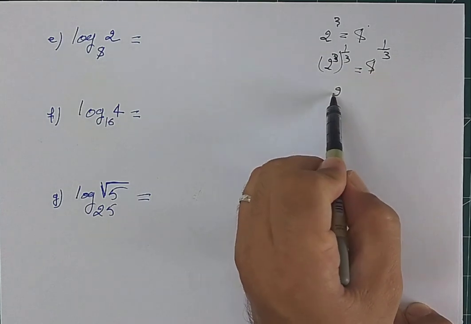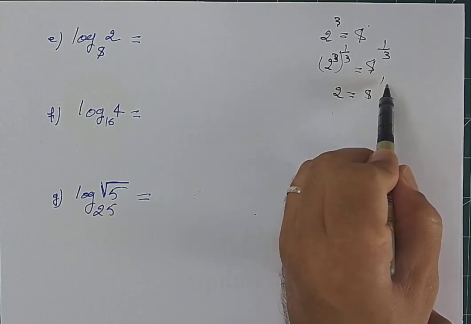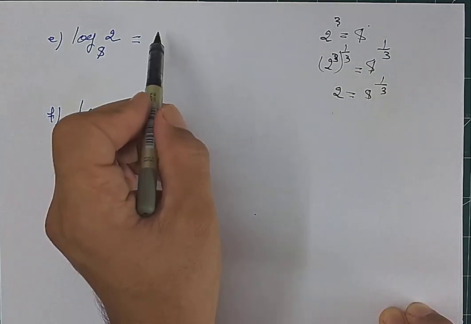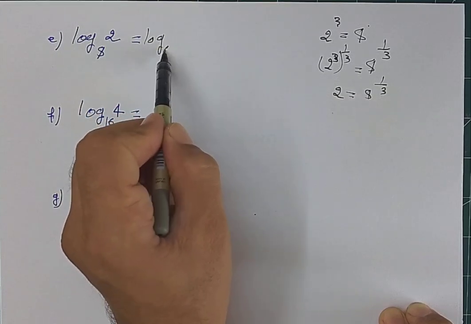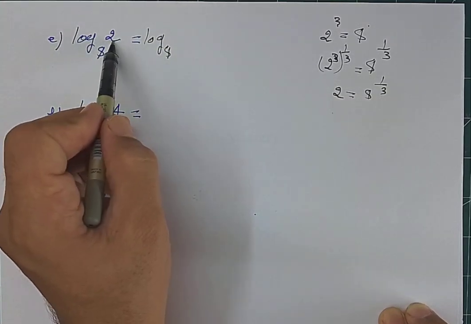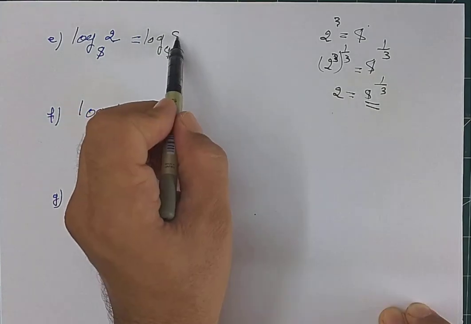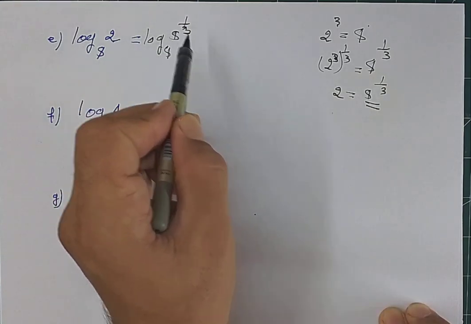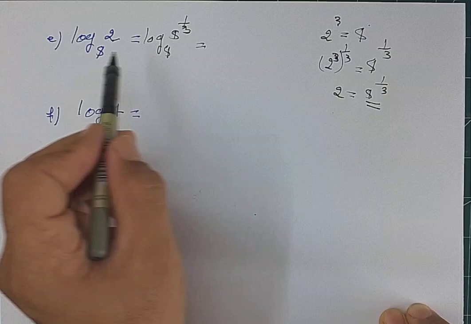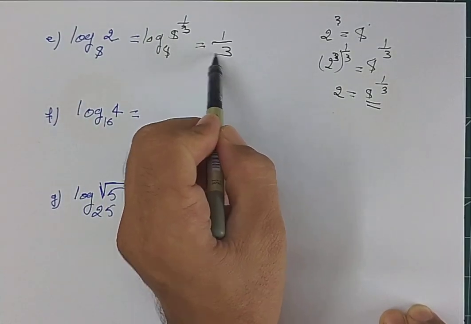So here in log base 8, instead of writing 2, I write 8^(1/3). So the value of this logarithm equals 1 over 3.